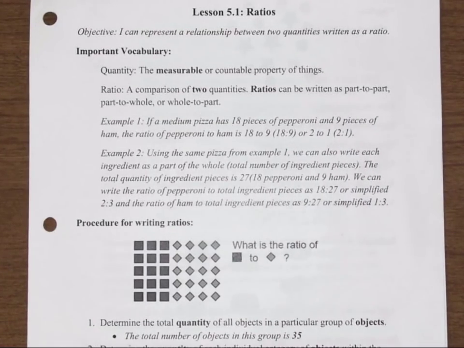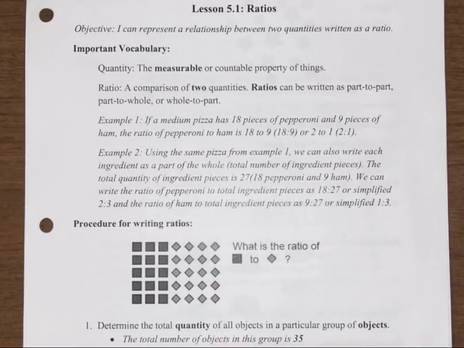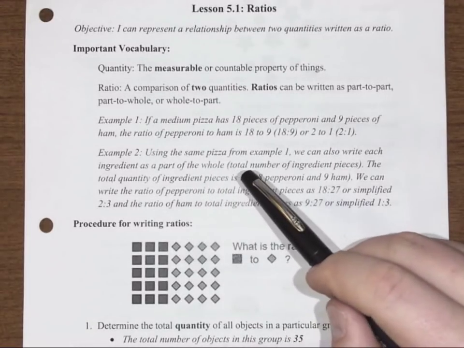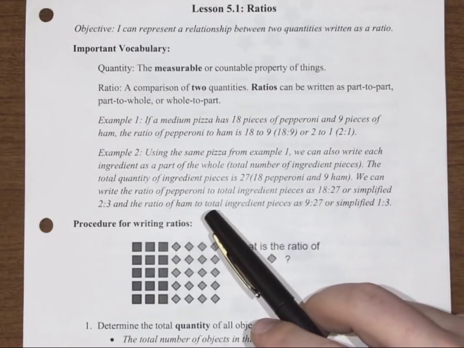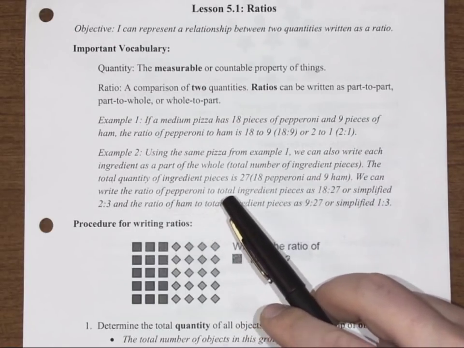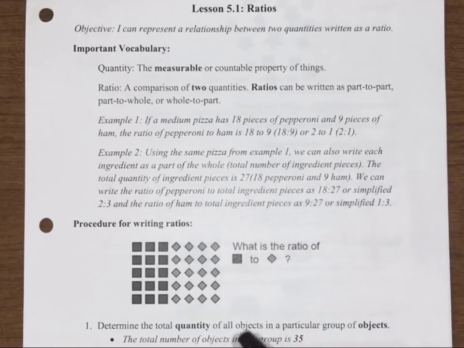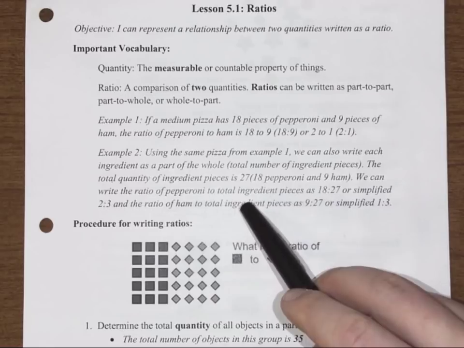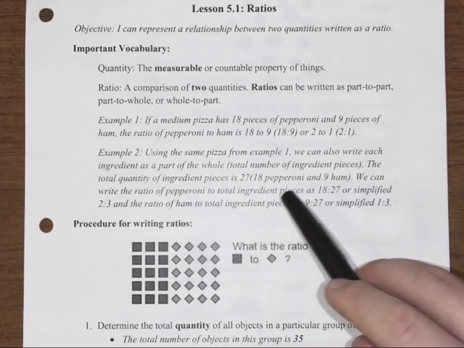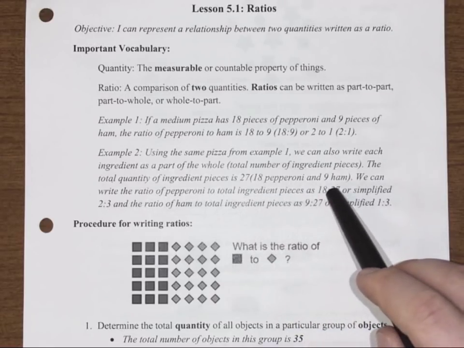Okay, example number 2. Using the same pizza from example 1, we can also write each ingredient as a part of a whole, or the total number of ingredient pieces. The total quantity of ingredient pieces is 27. There's 18 pepperoni and 9 ham.